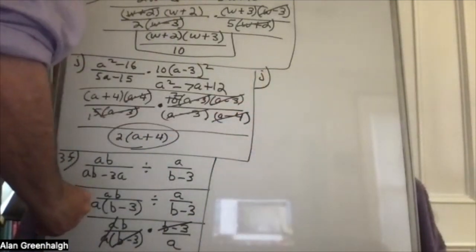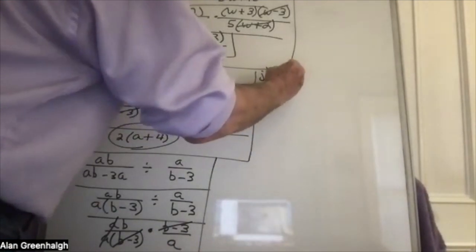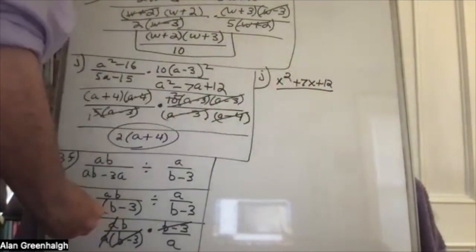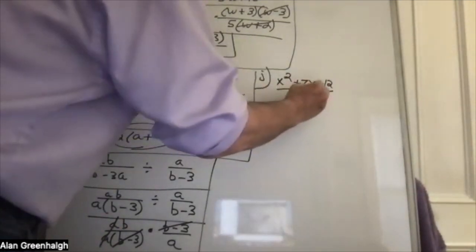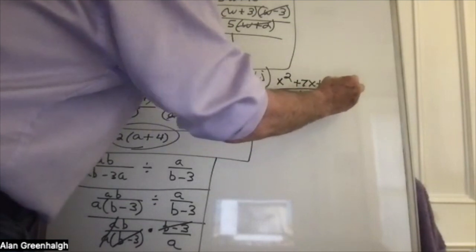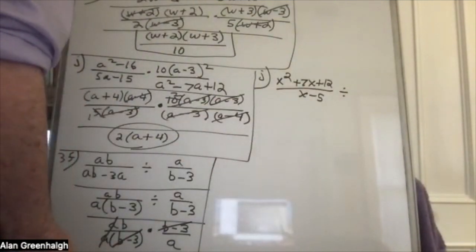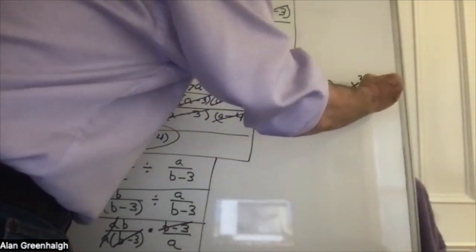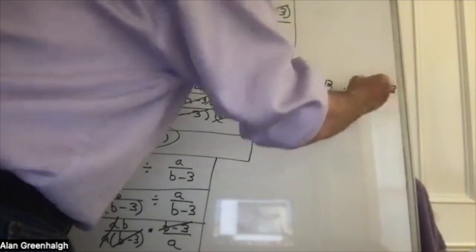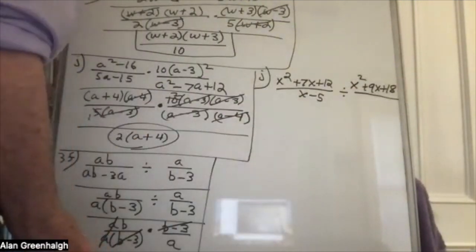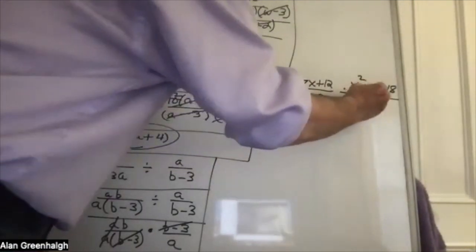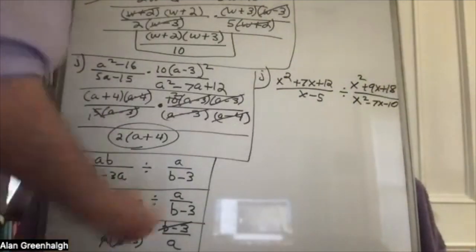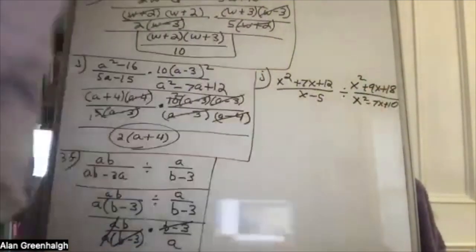So x squared plus 7x plus 12 divided by x minus 5, divided by x squared plus 9x plus 18, x squared minus 7x minus 10 plus 10.